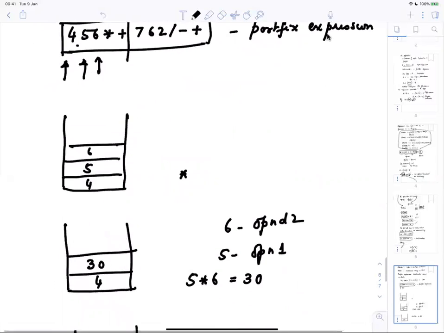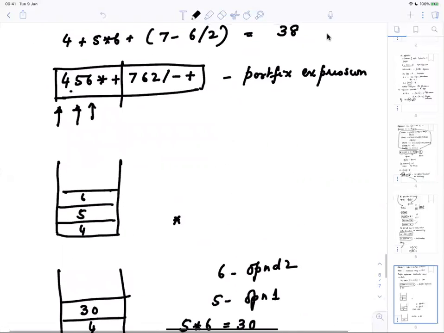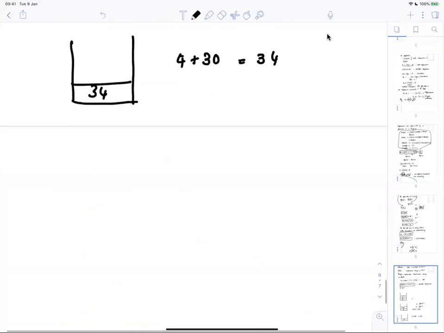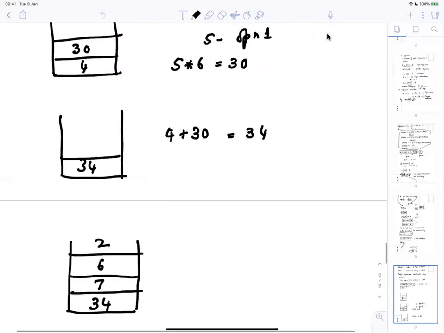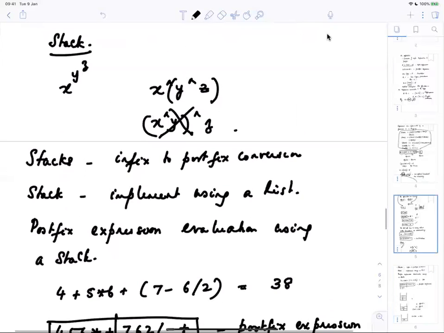Now I have 762. Okay, 762. What will I do? As long as I see an operand, I'm going to push it onto the top of the stack. 34, 7, 6, and 2. Then what do I see? I see a slash over here.